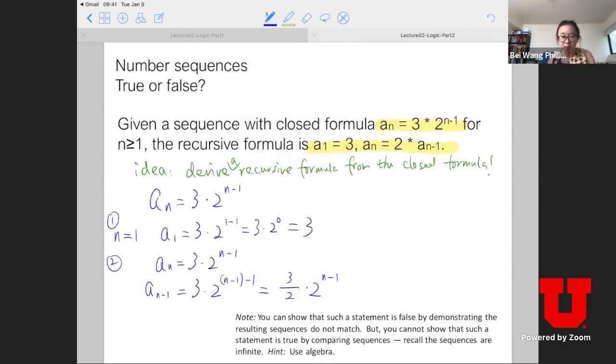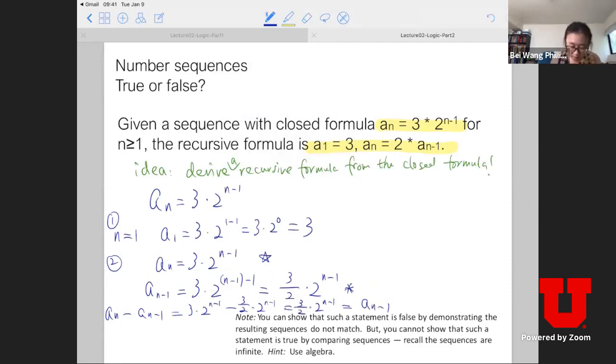Now, if I take the substitution of this star equation and this equation, then a_{n-1} is equal to 3 over 2 times 2 to the power of n minus 1, which is equal to a_{n-1}.